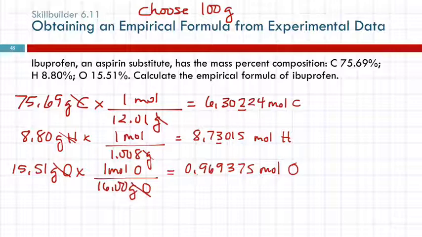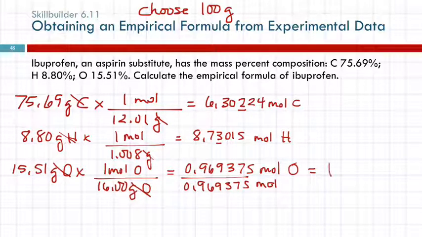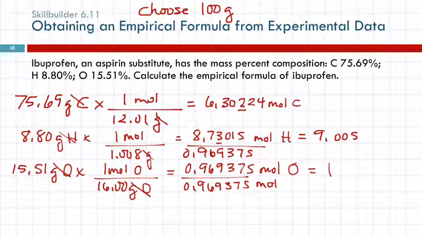But this is the smallest one, so I'm dividing by the smallest, and this one ends up being 1. I'm going to take this one and divide by the smallest, 0.969375, and this one comes out to be 9.00596.